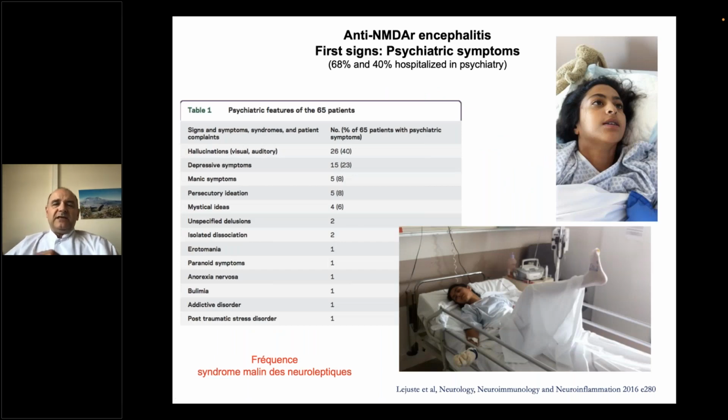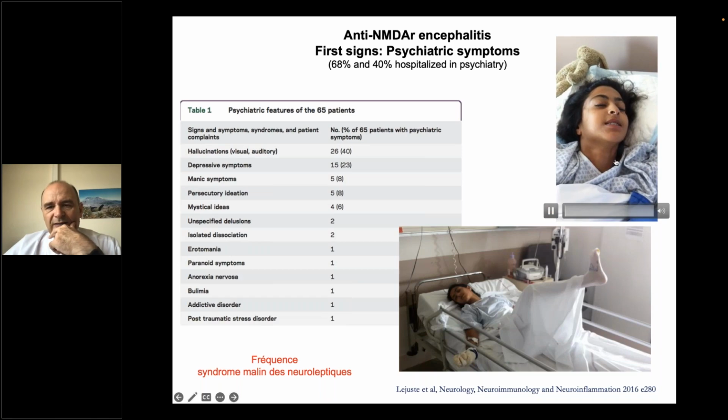So what about the psychiatric symptoms? The first question was, may we have particular psychiatric symptoms in women with NMDA receptor encephalitis? You can see this one.